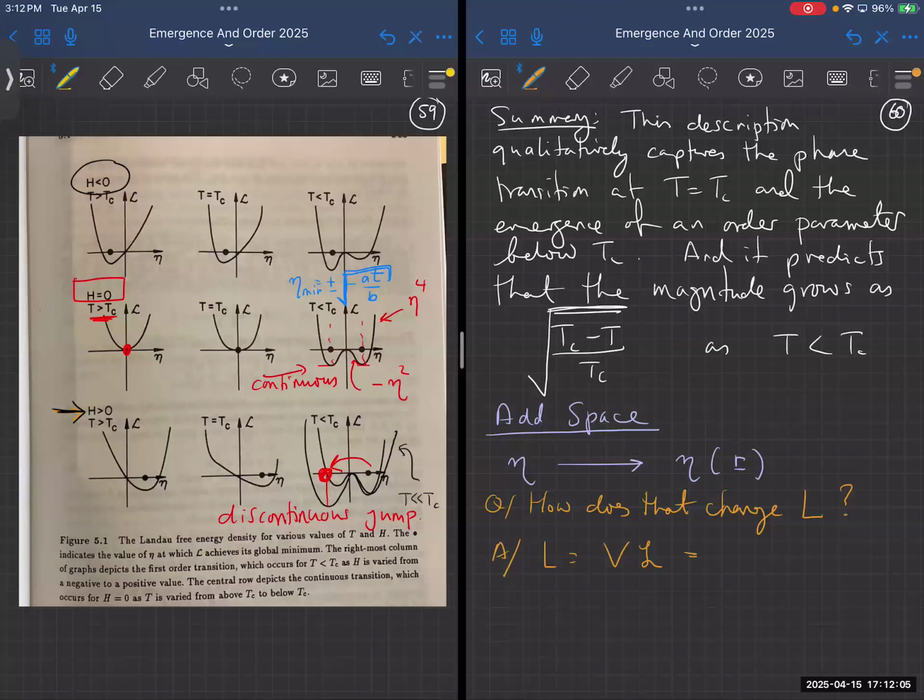Now we're going to say that L is the integral over d dimensions of some quantity, which now depends on a variable eta of r, in a way that we need to figure out. Okay, so that's the biggest change, that we're allowing eta to depend on r. And so L will depend upon eta as a function of r. And this kind of object is what is known as a functional.